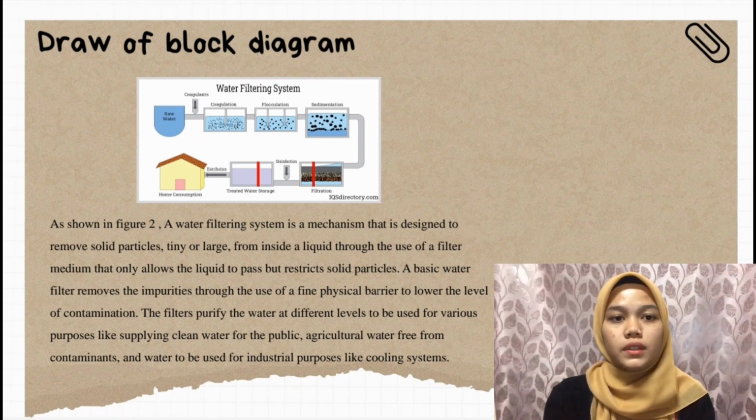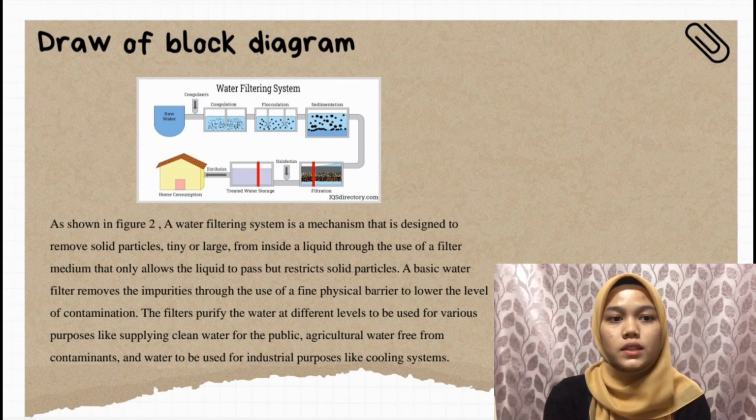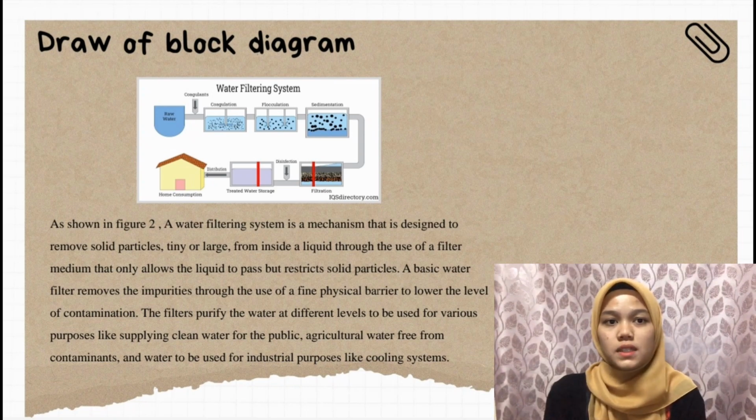As shown in figure 2, a water filtering system is a mechanism that is designed to remove solid particles, tiny or large, from inside a liquid through the use of a filter medium that only allows the liquid to pass, but restricts particles. A basic water filter removes the impurities through the use of a fine physical barrier to lower the level of contamination.